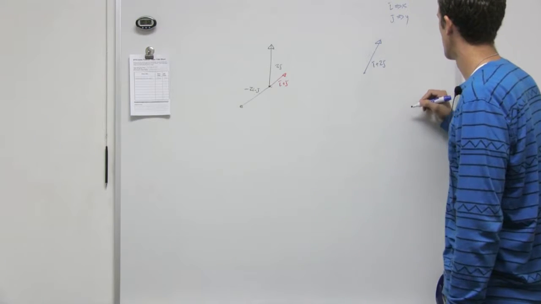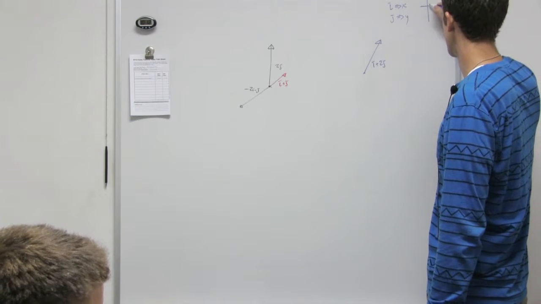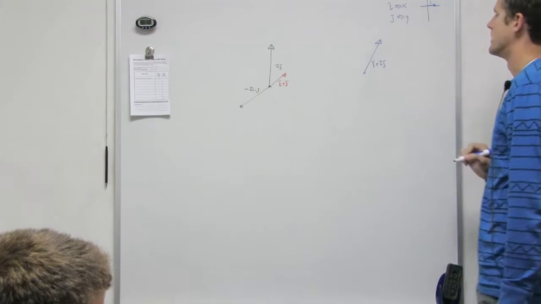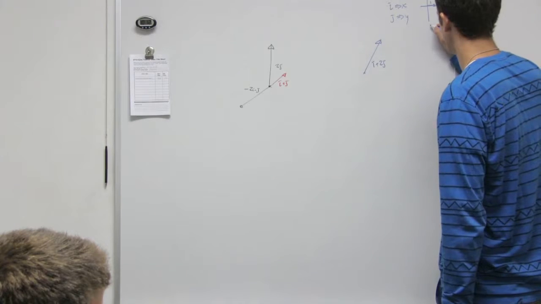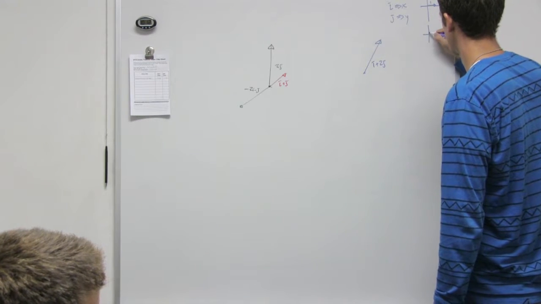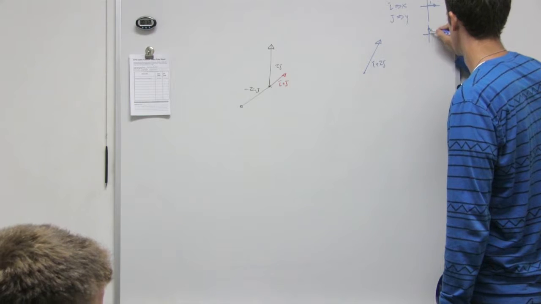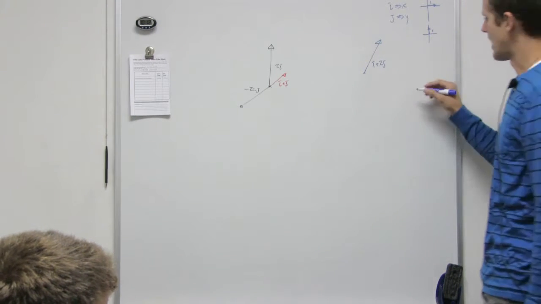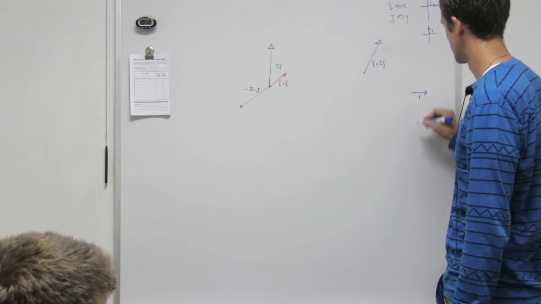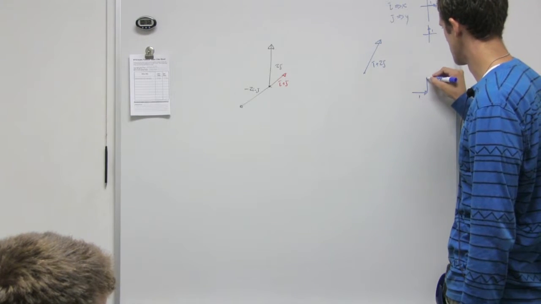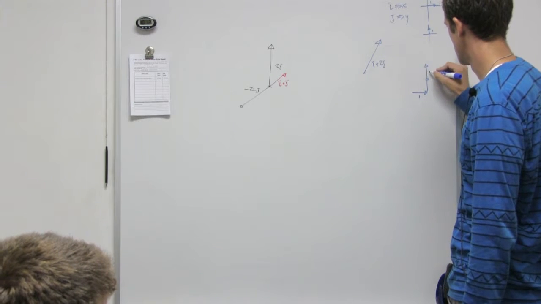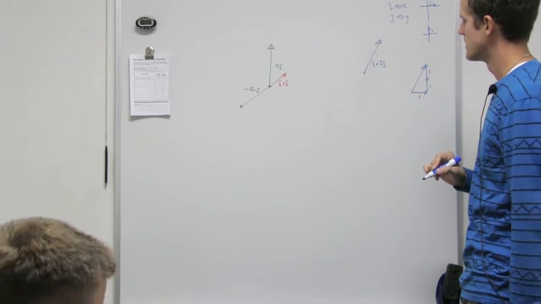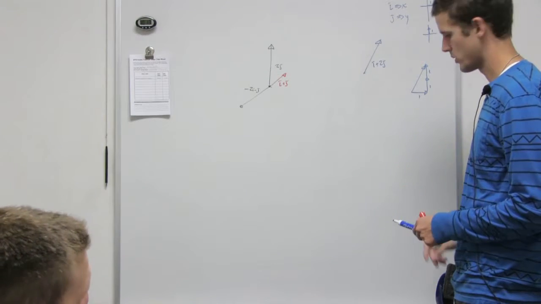What it actually is, i as a vector, is this vector right here, length 1, and j is this vector right here, length 1. So if you have i plus 2j, you have that one vector of length 1 plus 2 of the j vectors. That gives you this vector right here. Oh, so this basically just breaks it down into x and y components for you already.